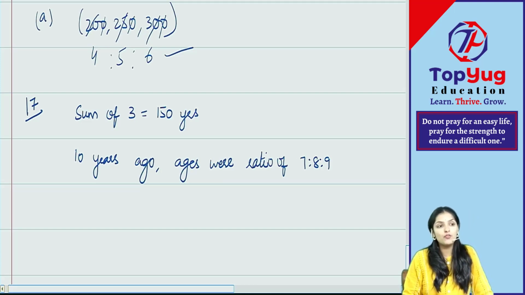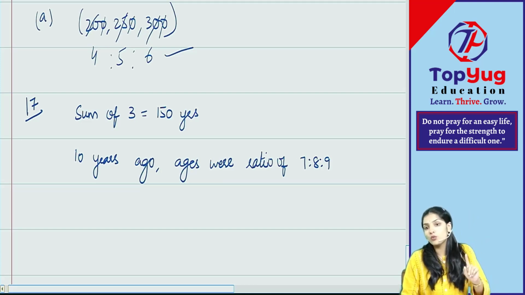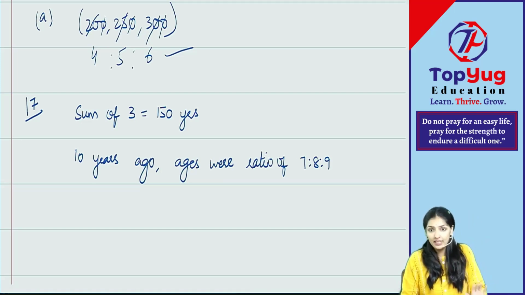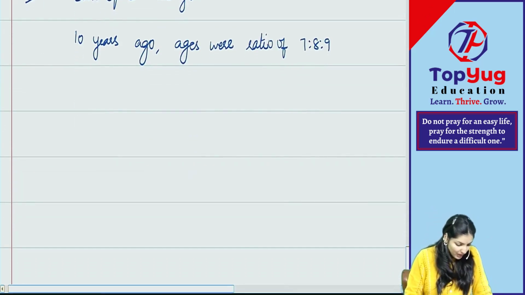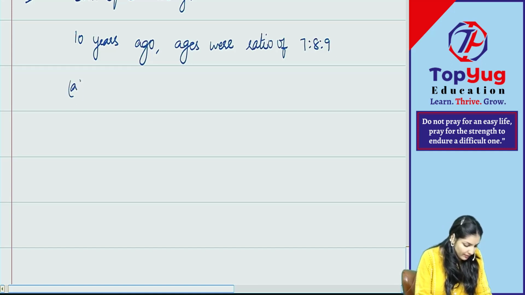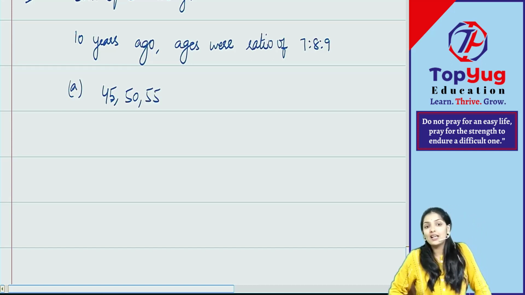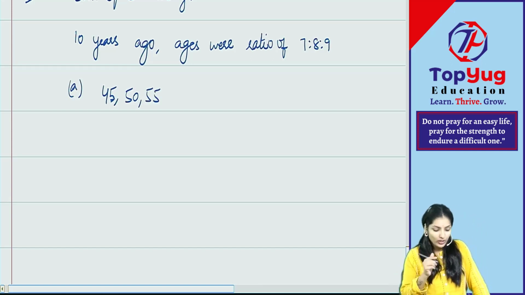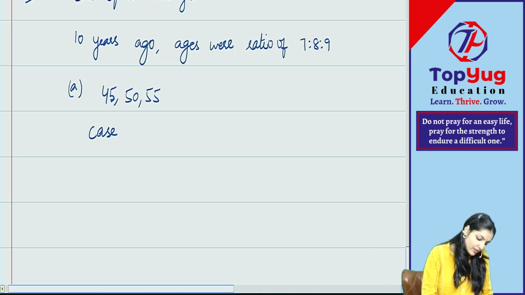So in this type of problem, the X method would be very long. We would be going with the T&E method, trial and error method. So I would be picking up option A because I feel option A is the answer. So 45, 50, 55. These are the present ages, right? So case 1: total it and check if it is 150.